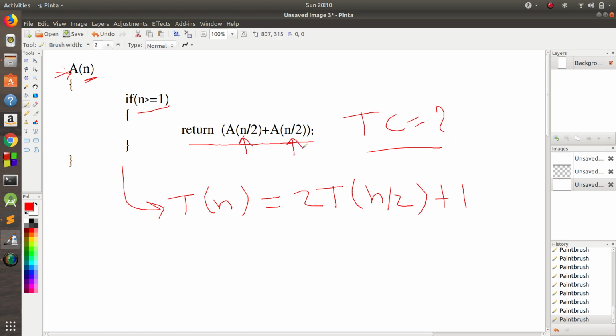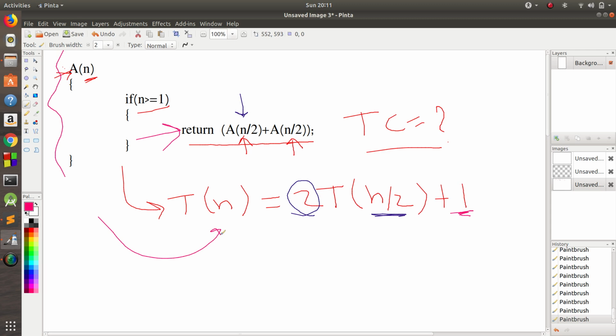That's why we are having this constant with T, we are calling it twice, so that's why 2T. And this n by 2 is because in the function we are giving half the parameter which was given for the current function, so that is why it's 2T(n/2), and 1 over here is used for returning the value. So that's why the recurrence function of this function is this.